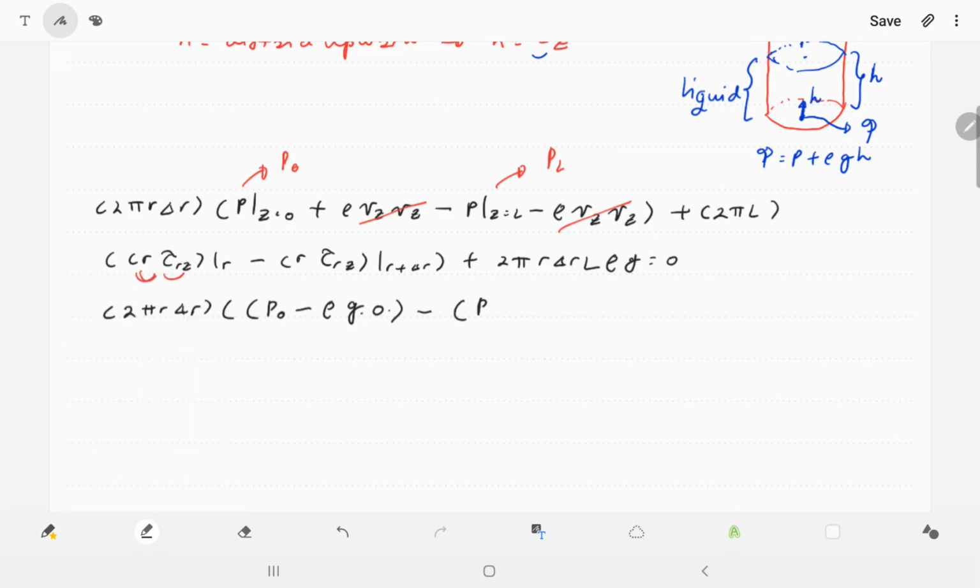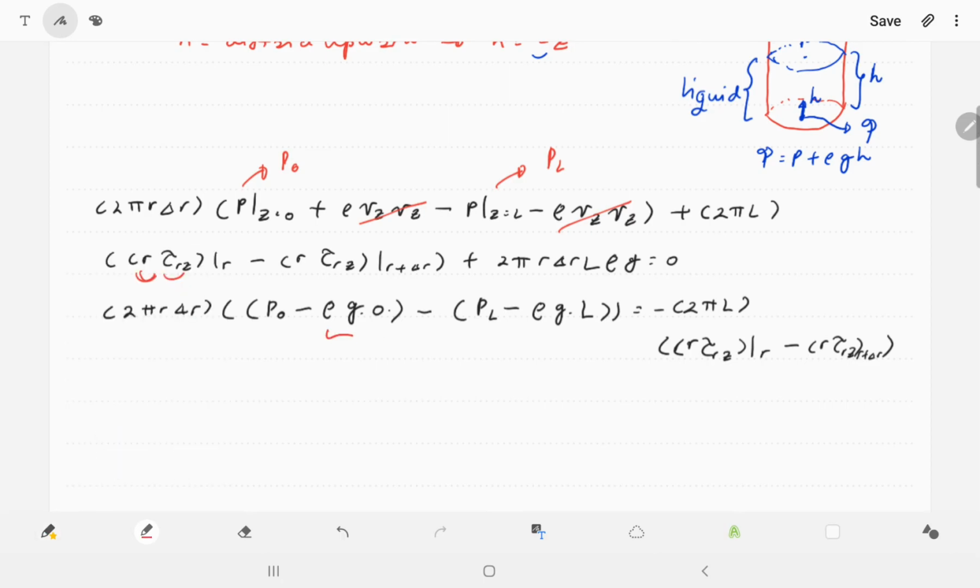So this one can be equal to pl minus rho g l is equal to minus 2 pi l, and then this one is multiplied by r tau rz at r minus r tau rz at r plus delta r.